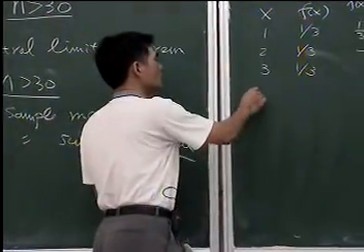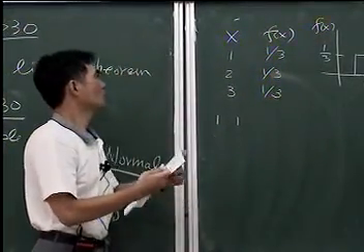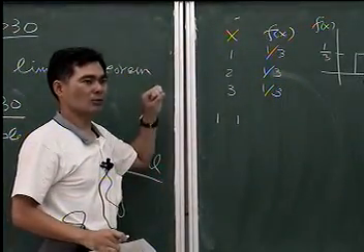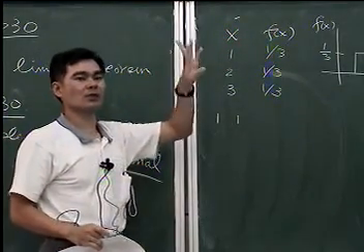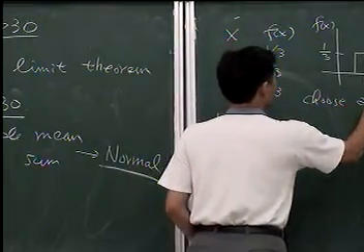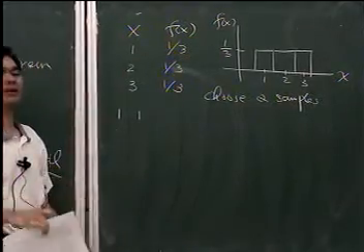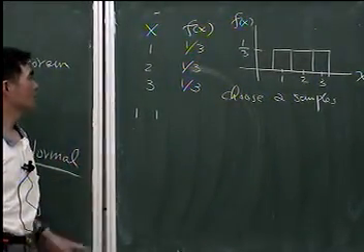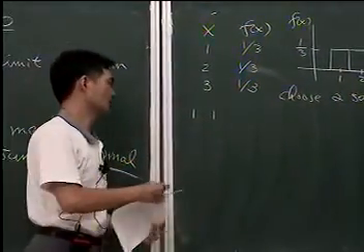Because the first one can be 1, right? The second one can be 1, 2, or 3. Because we say we take one sample and we put it back, okay? And then choose one again. So we choose two samples, and we do sampling with replacement, okay? So the first one can be 1, and then it can be 1, 2, or 3, right?